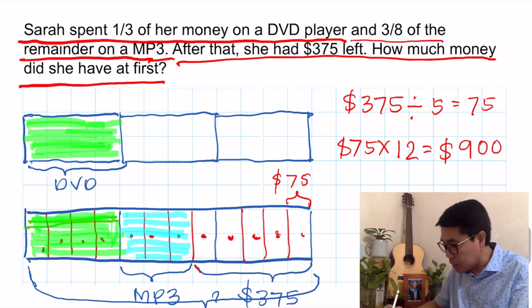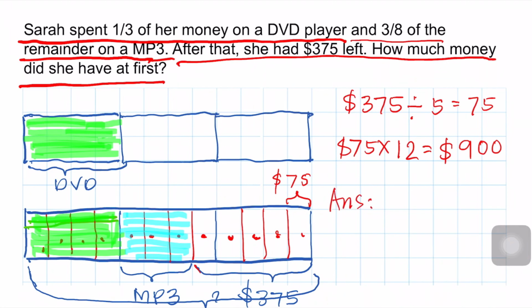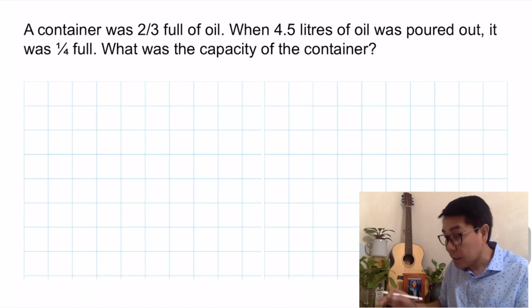So she had $900 at first. Now let's proceed to the last problem.